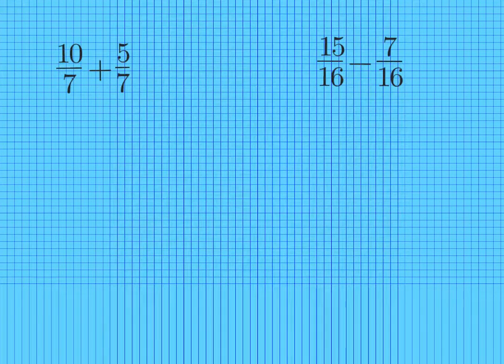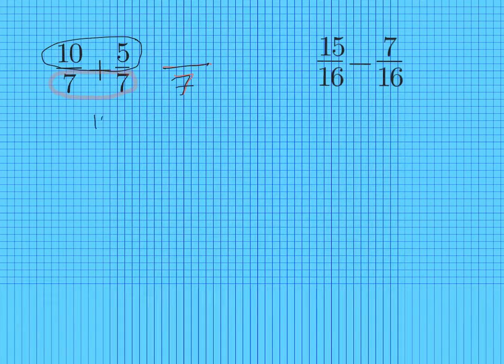All right, let's look at 2 more examples. So our first example over here has a denominator of 7, 10/7 plus 5/7. So I know right away that my answer is going to have a denominator of 7. That can be consistent. Denominator of 7. Now I'm just going to look at my numerators, and I see it's addition.